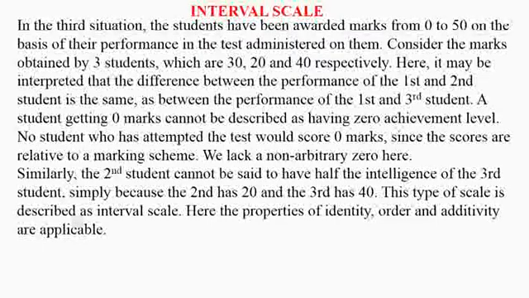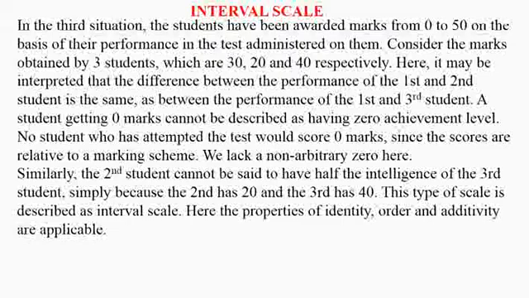Similarly, the second student cannot be said to have half the intelligence of the third student, simply because the second has 20 and the third has 40. I think this is self-explanatory. This type of scale is described as interval scale.